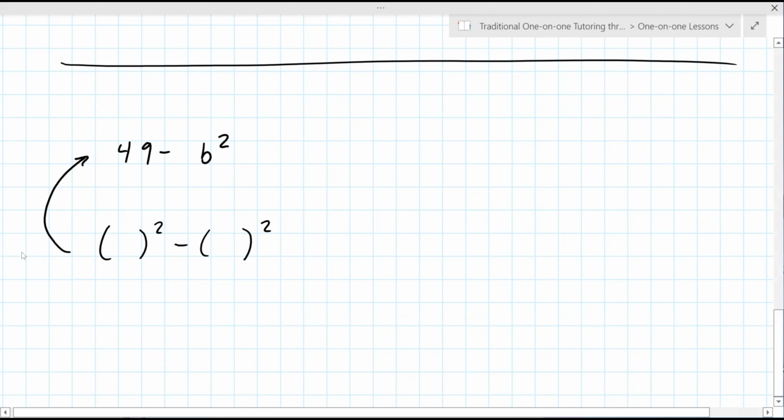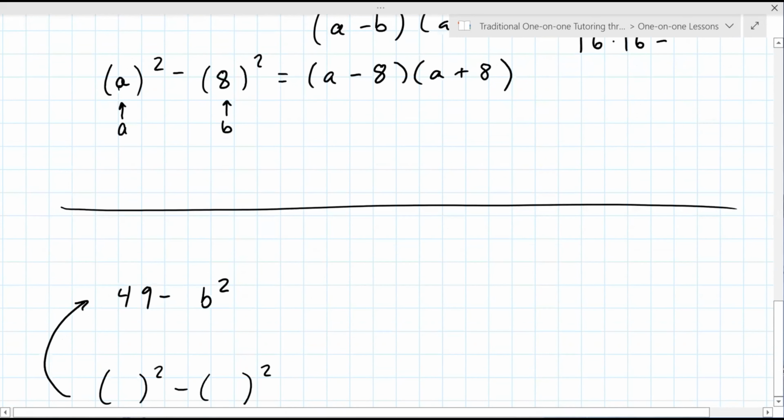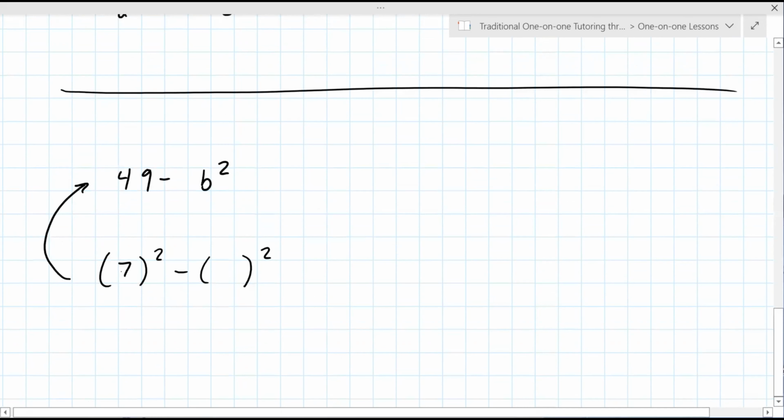Not sure. Well, we just did a couple up here. Go back and look. 5 times 5 is 25. 6 times 6 is 36. 8 times 8 was 64. 7 times 7, right? So it's 7 squared.